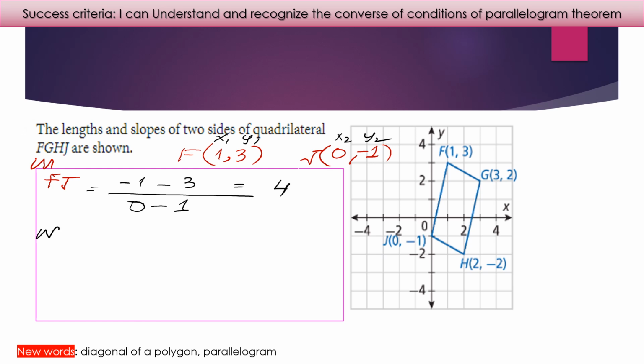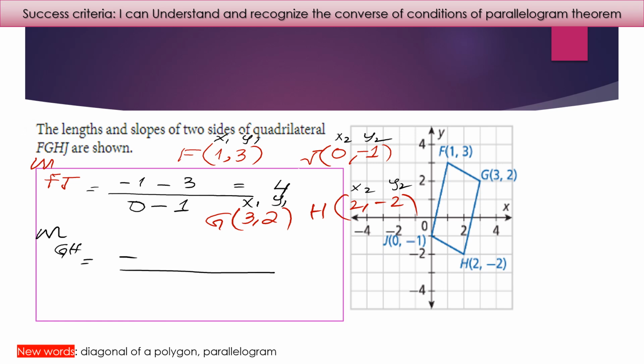Now I find the slope of GH. The coordinates of G are (3, 2), and the coordinates of H are (2, negative 2). Again I will name them x1, y1 and x2, y2, and put it in the formula. y2 is negative 2 minus y1 is 2, x2 is 2 minus x1 is 3.